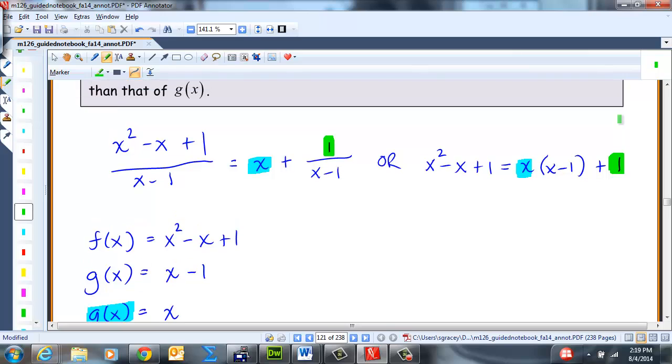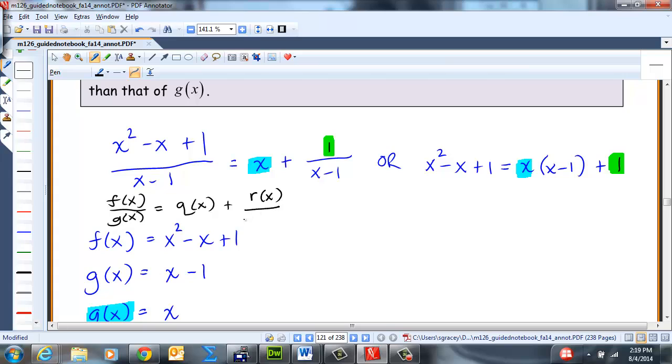So this format here was f of x divided by g of x is equal to the quotient q of x plus our remainder r of x divided by g of x.